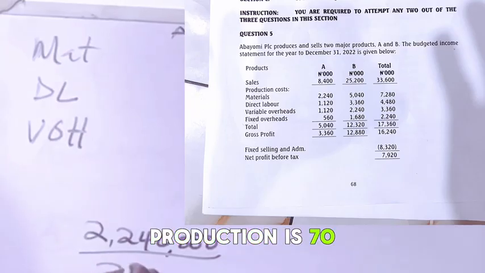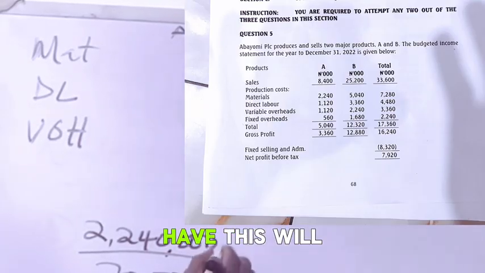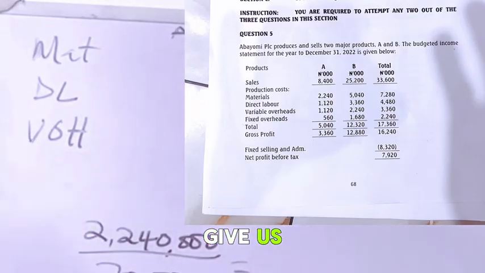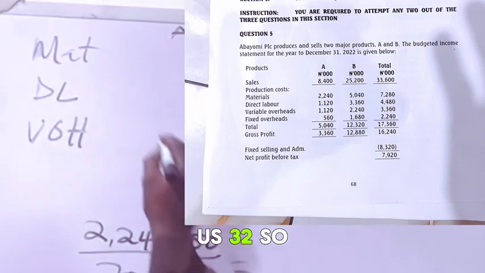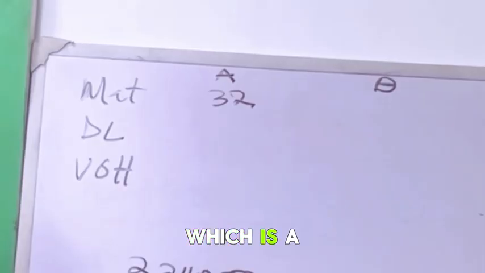The unit of production is 70,000. Okay? So when you divide this by 70,000, what do you have? This will give us 32. So we have 32 here. That is the material cost per unit, which is a variable cost.